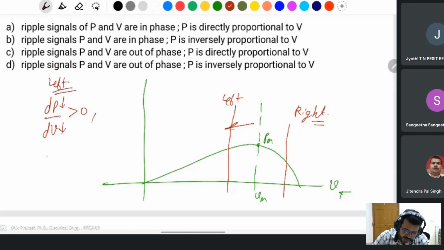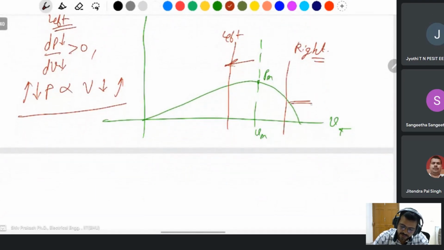Then you can say power is directly proportional to V. If voltage is reduced, power is also reduced. If voltage is increased, the power is also increased. On the left. But on the right side, here the voltage increases, but power will be reduced. This is the voltage line.